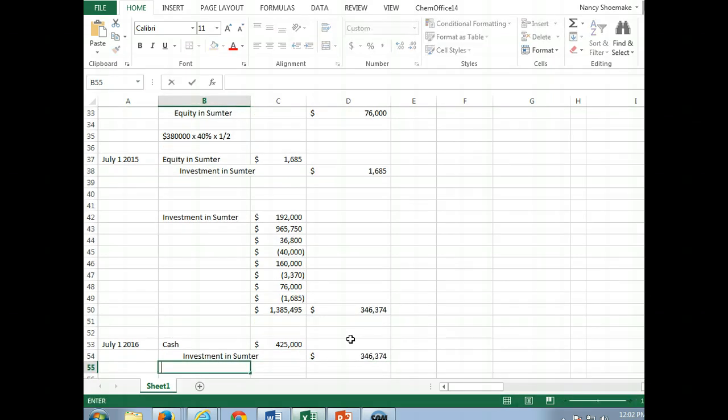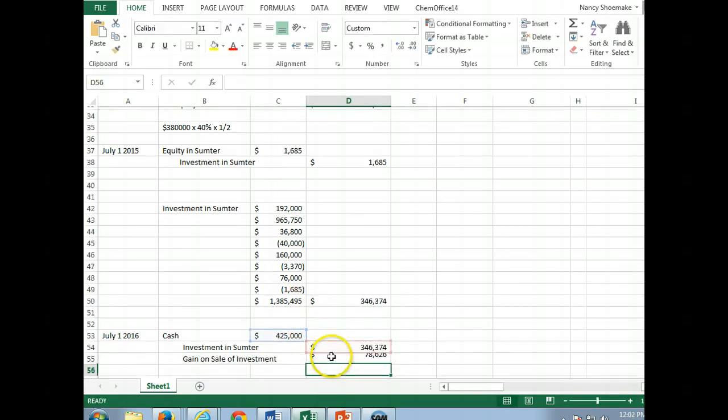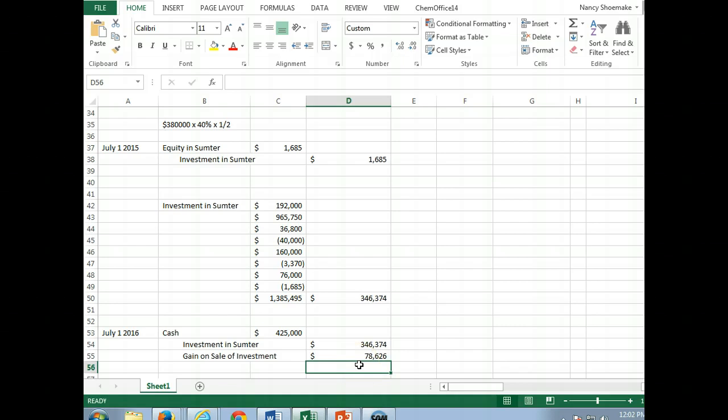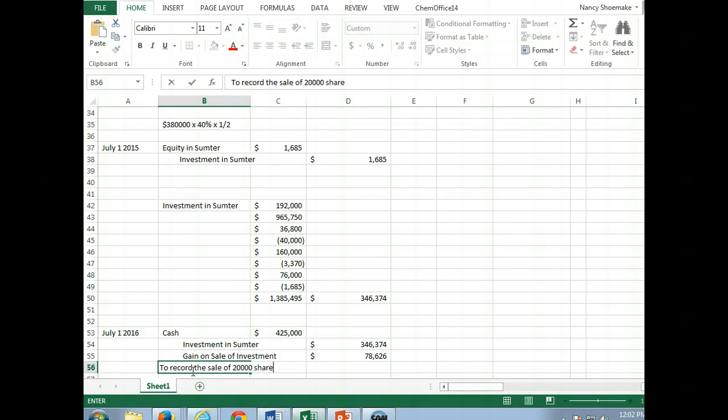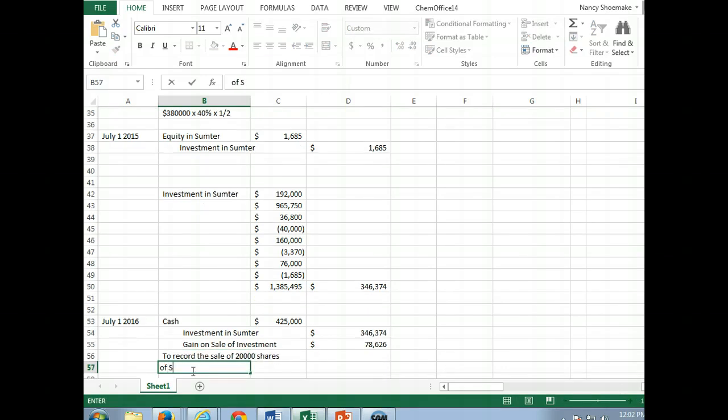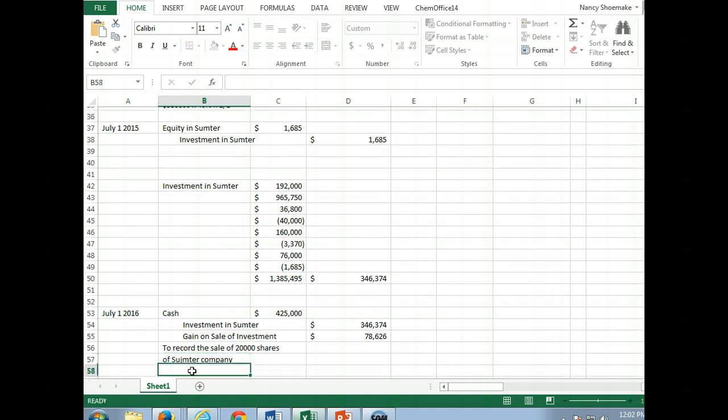And the difference would be either a gain or loss: gain on sale of investment. So this would be a result of that minus that, $78,626 is our gain. So we're recording the sale of 20,000 shares of Sumter Company.